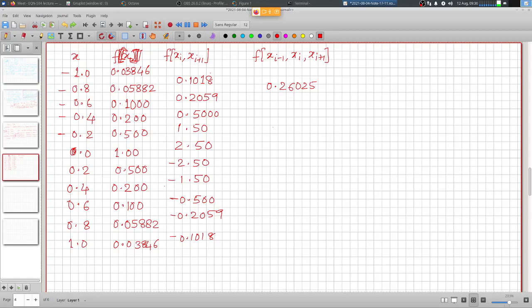So the second order divided difference here would work out to 0.5 minus 0.20259 divided by 0.4. So this is 0.73525 and so on. So this way we can keep on generating this table of divided differences.